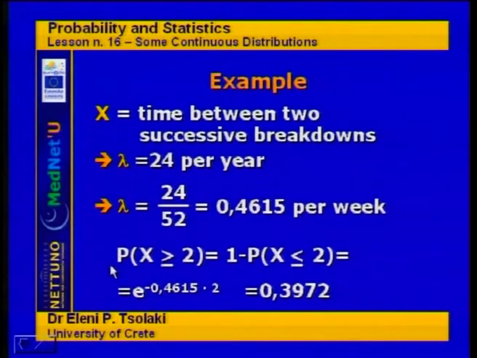And so we can calculate the probability of x greater or equal to 2. This is equal to 1 minus the probability of x less or equal to 2. The equal sign, as we said before, for continuous random variables doesn't make a difference, as it does in the discrete case.